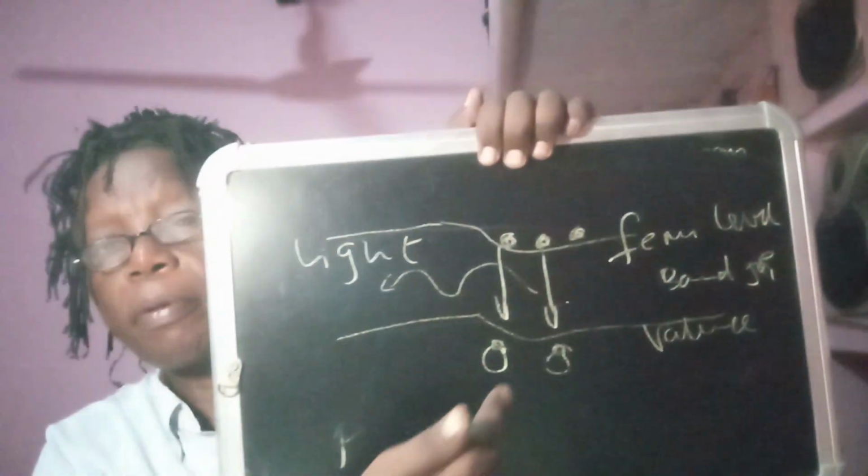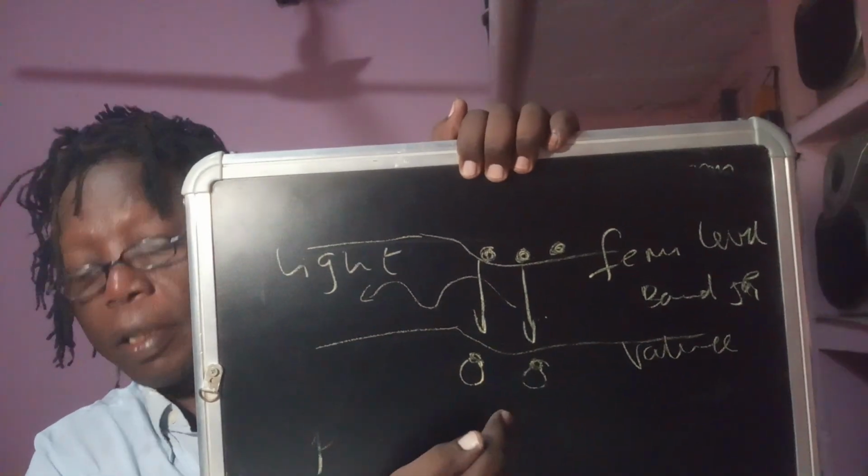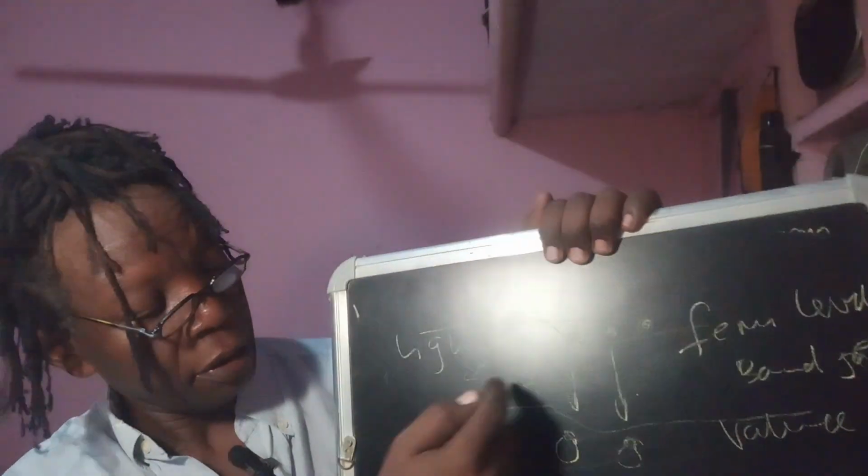And we have band gap, we have valency, this type of thing. Here the combination takes place and light is emitted this way. These are just diagrams to illustrate what really happens in a diode.